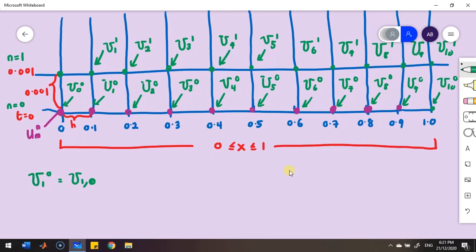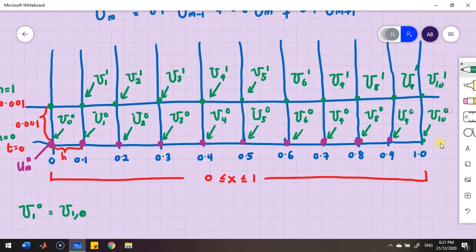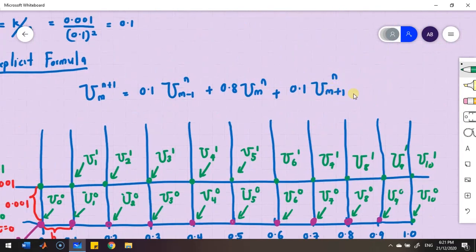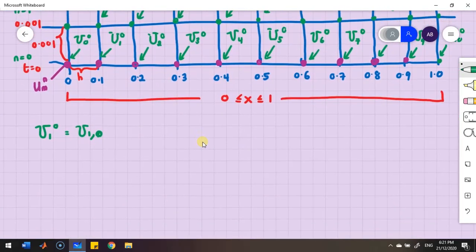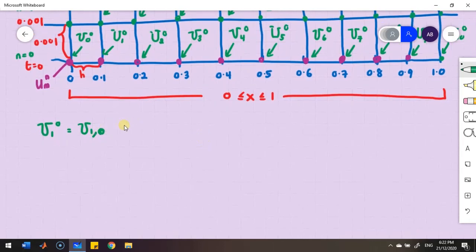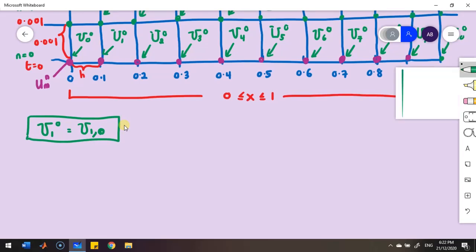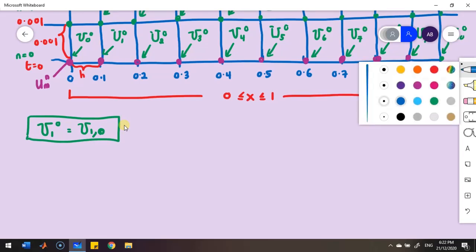Either way is acceptable, because if you look at the explicit formula given here, you have M in the bottom and N in the top, but some books use this notation.